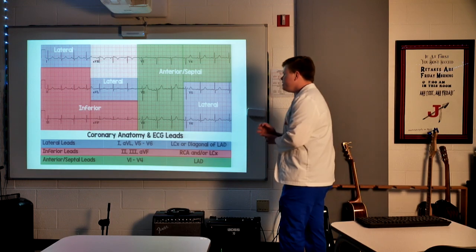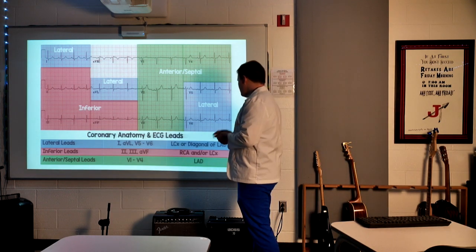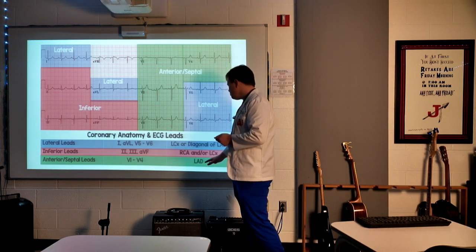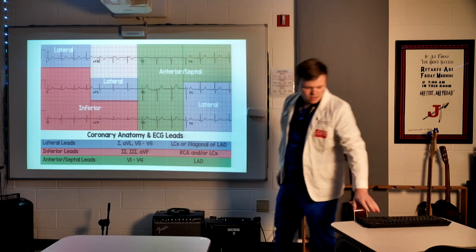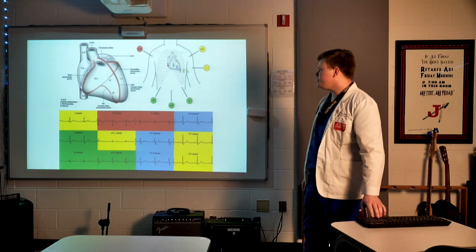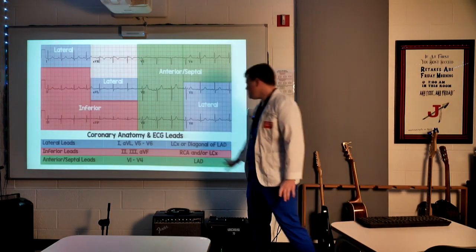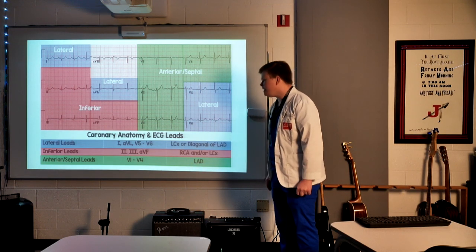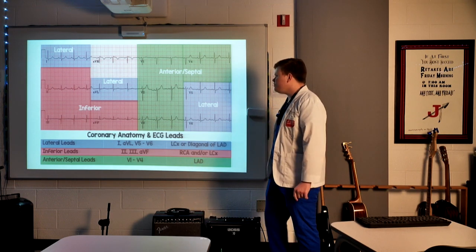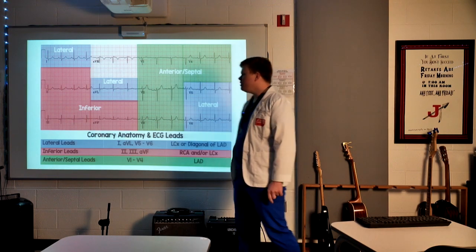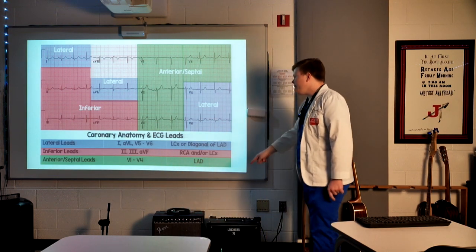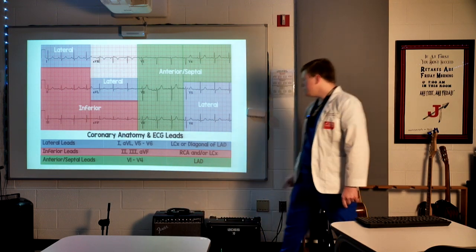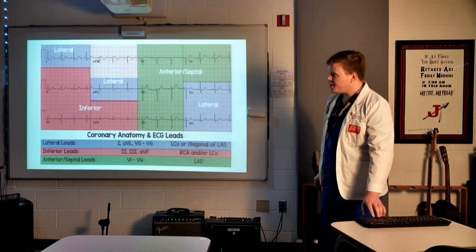And this is just another picture that breaks it down. This picture explains the vessels, but it doesn't necessarily list them for each one. But this gives a great description of which vessels are affected in each of those leads. So if we think about the inferior portion of the heart, it's represented in red, so leads 2, 3, and AVF. That would be the right coronary artery.